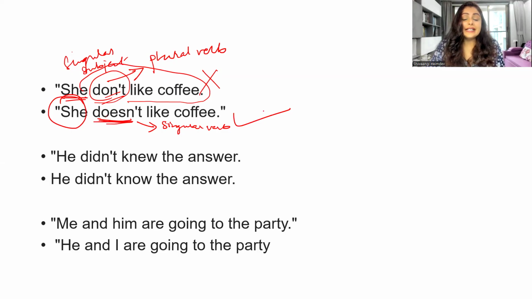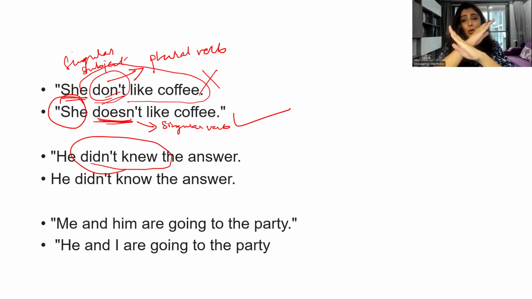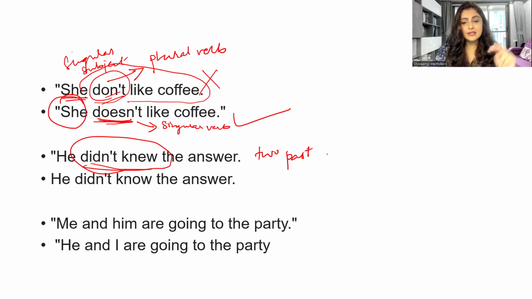Okay. "He didn't knew the answer." "I didn't knew." "He didn't knew." These are common expressions that we tend to use in our daily English. Friends, it's a big no. Absolutely no. You can't say "didn't knew" because you cannot have two past forms in your sentence.